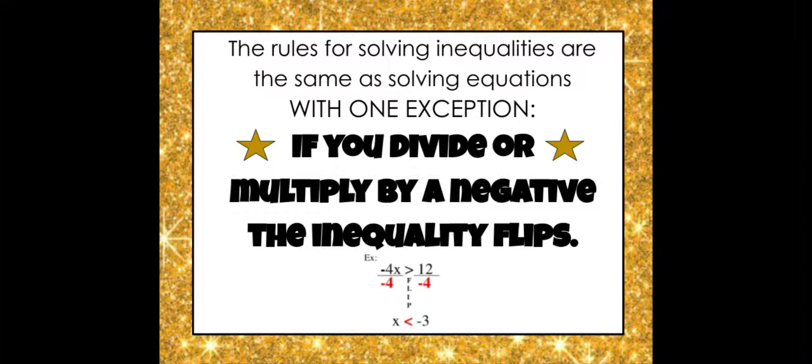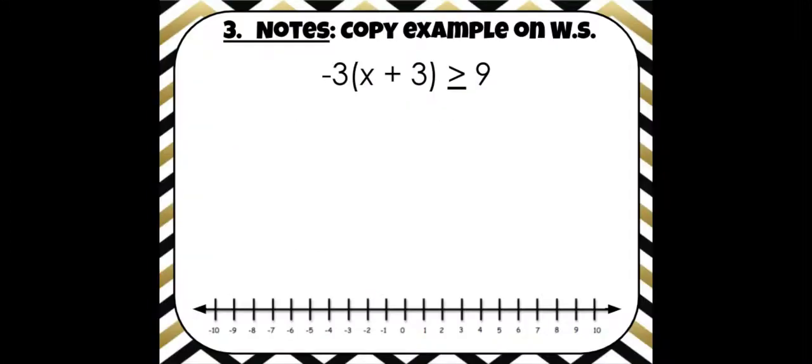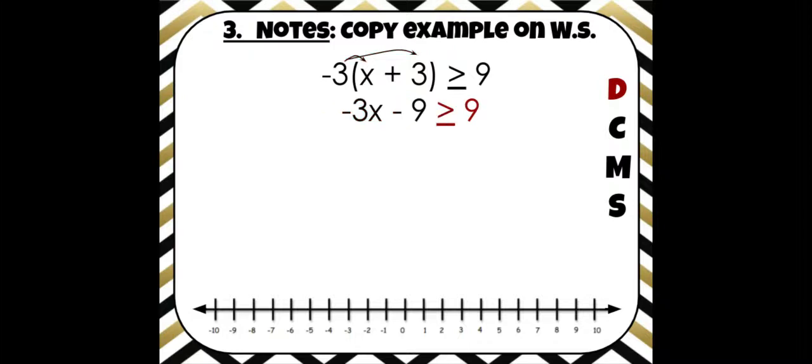Let's explore this on number 3 of your worksheet. We're going to start out just like we're solving an equation and write DCMS inside of your paper. For this example, we can distribute, so we're going to start with that. We distribute our -3, and we get -3x minus 9, and then we'll bring down our greater than or equal to symbol and the 9.